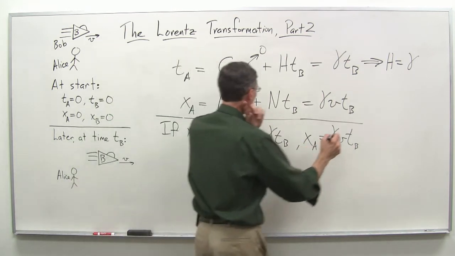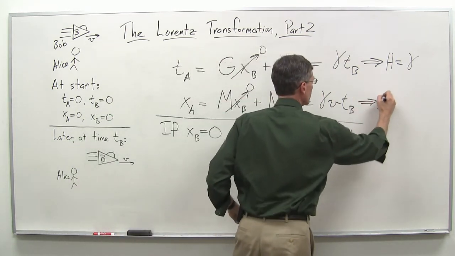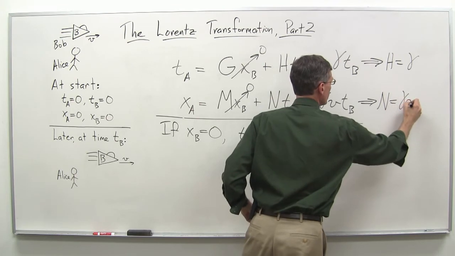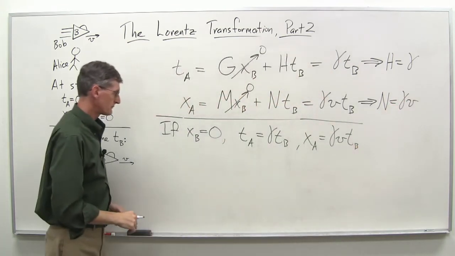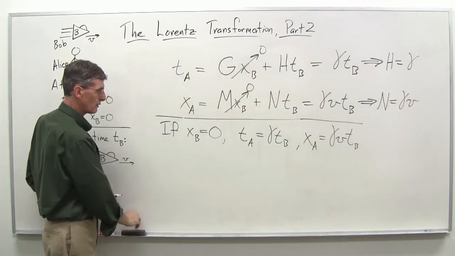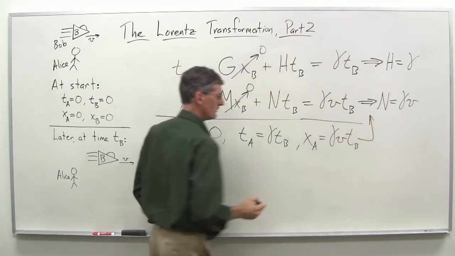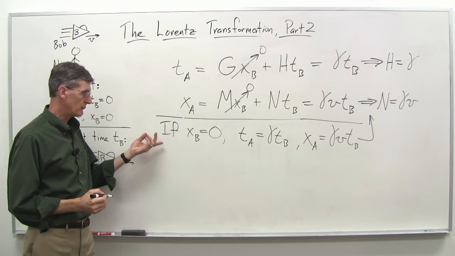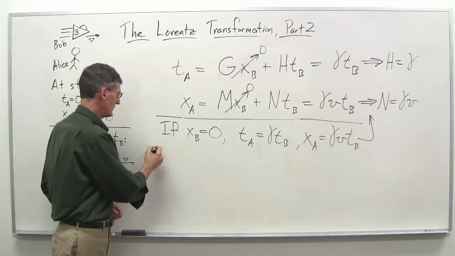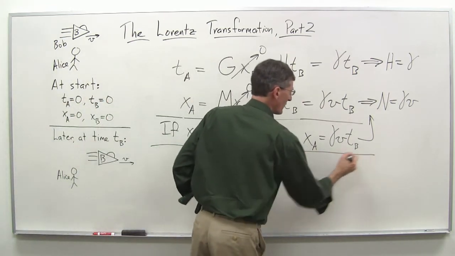Therefore, this implies N equals gamma V. So the way we got this is we applied our special case, XB equals 0, to those general equations. And therefore, we're halfway there.